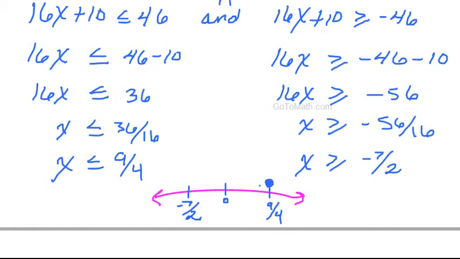And then everything to the left of that. And then let's look at this one here. We'll put the solid dot up here. And x is, well, over here, x is greater than or equal to negative 7 halves.